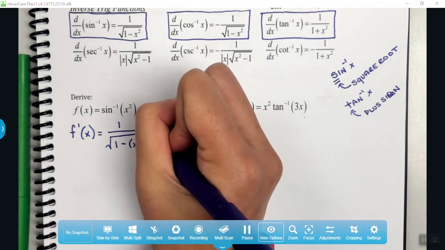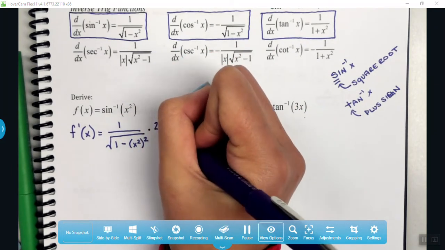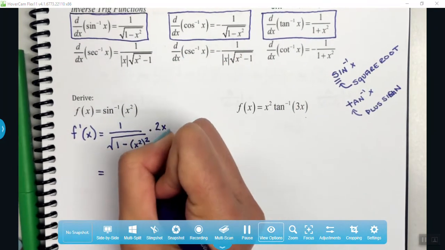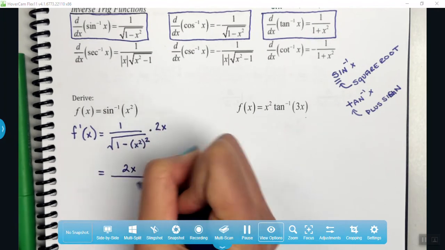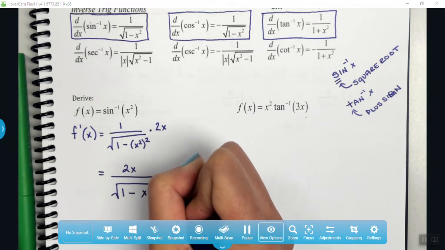So simplify, and then I have to multiply by the chain rule, derivative of x squared, which is 2x. So if we simplified it, you would get 2x over square root of 1 minus x to the 4th.